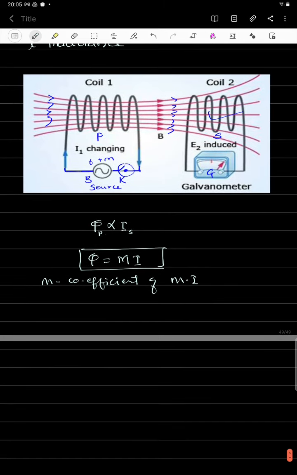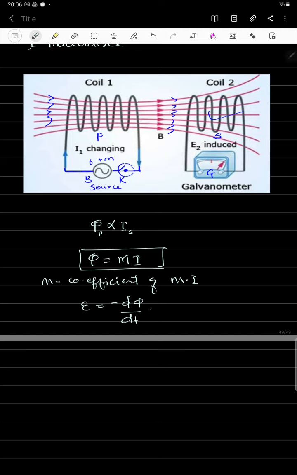From Faraday's second law of electromagnetic induction, we have the EMF E equals minus d phi by dt. Why are we taking this? Because the current is flowing from 0 to the maximum, so it takes time to change the magnetic field.